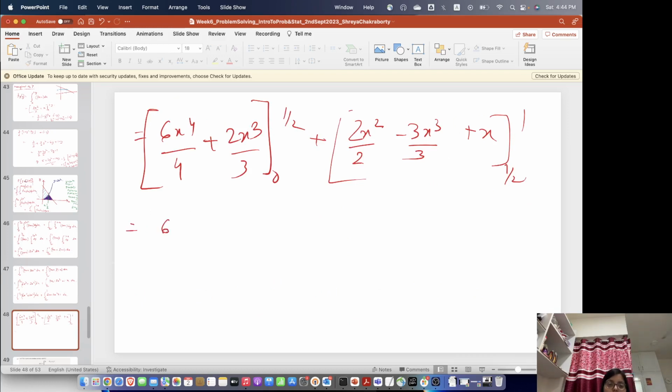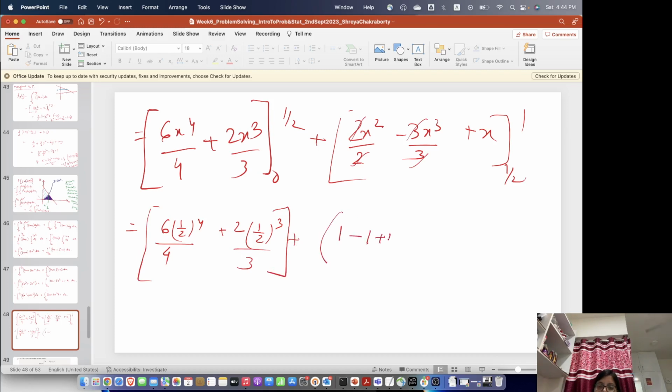So this will be 6 half to the power 4 by 4 plus 2 half cube by 3, plus 1 minus 1 plus 1, minus half square, minus half cube, plus half.